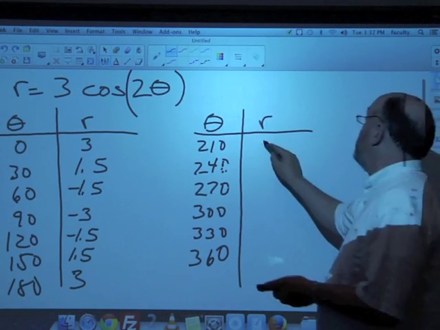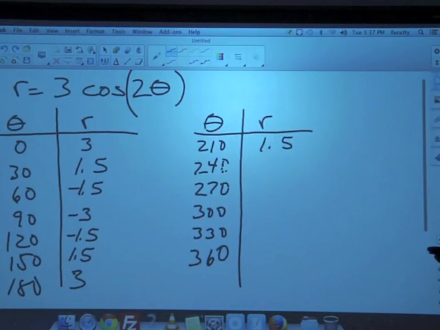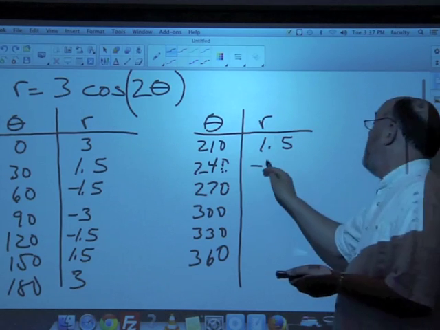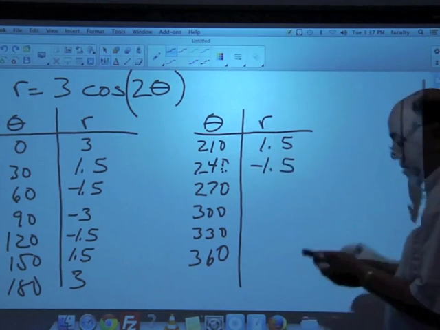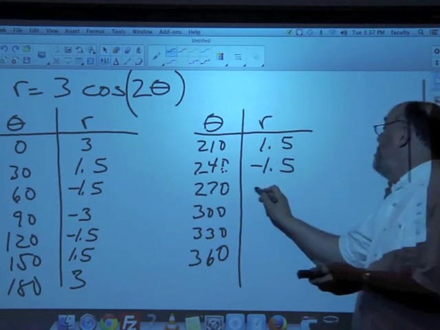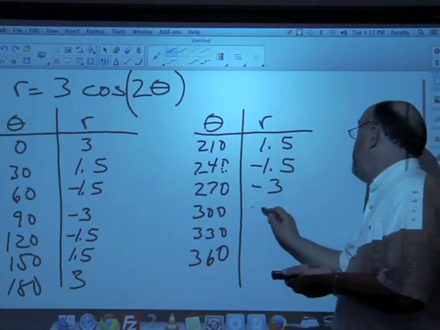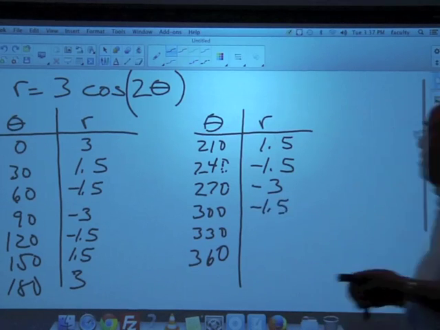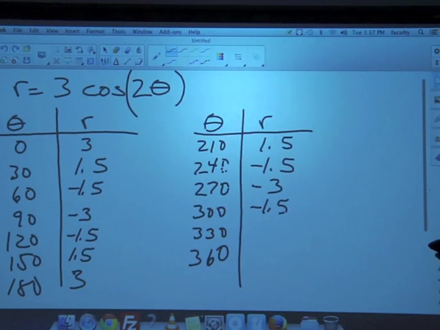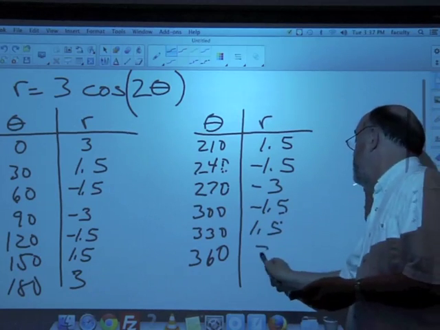So this will be 1.5, negative 1.5, negative 3, negative 1.5, and then this should be back to 3.